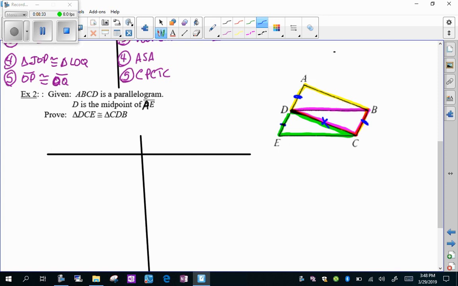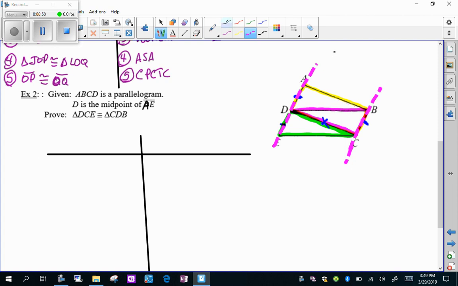All right, now, I can extend the lines, and it really helps to do that and to see where we're going here. So if I extend those parallel lines, wow, I kind of like this. All right, so if I extend the lines, then I can see that DC, that reflexive side, is actually a transversal.